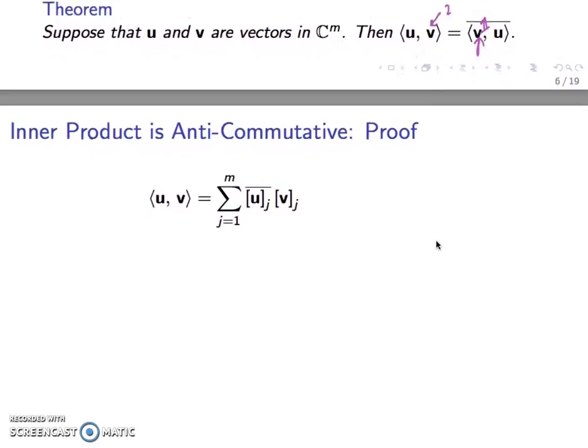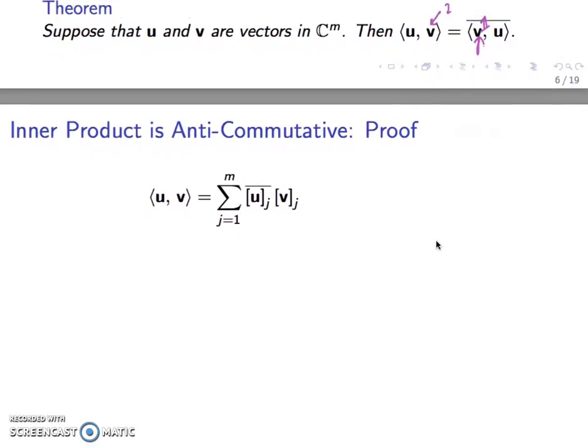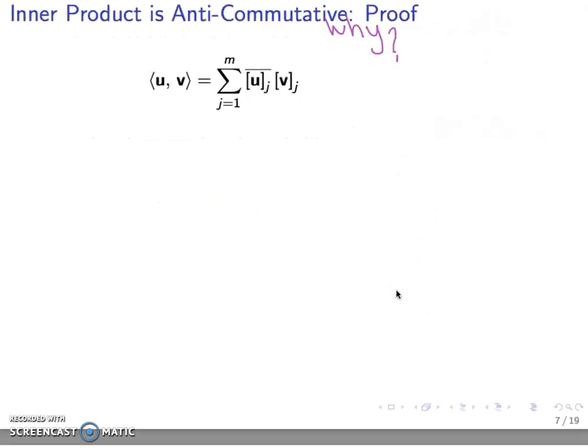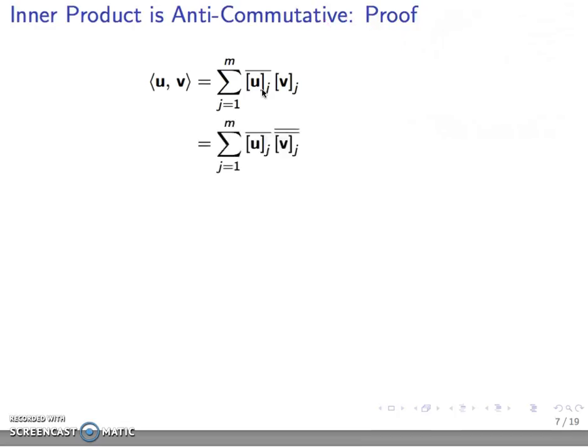Okay? And why? You may wonder, anti-commutative, but why is that? Well, let's examine here why. In a few steps, we can see why. So here, the inner product of u and v, u appearing first, v appearing second, is equal to this summation where the conjugate of u is multiplying the respective corresponding entry of v.